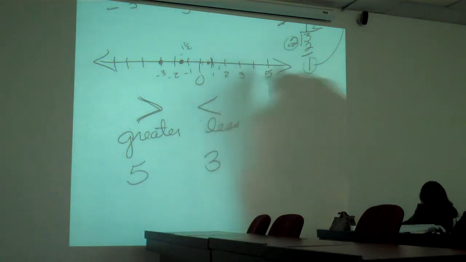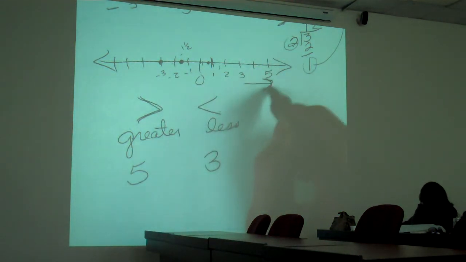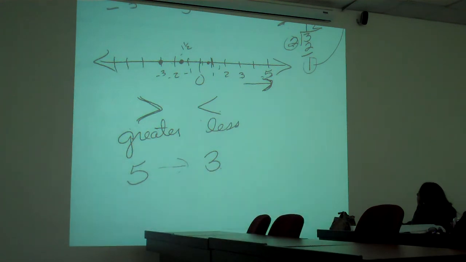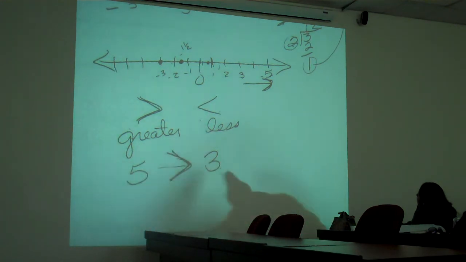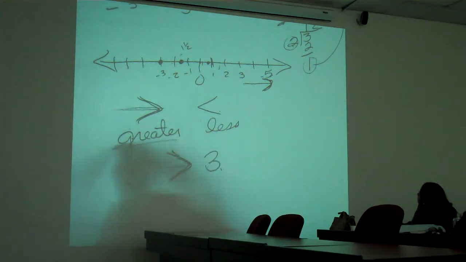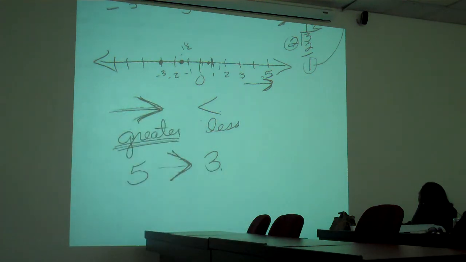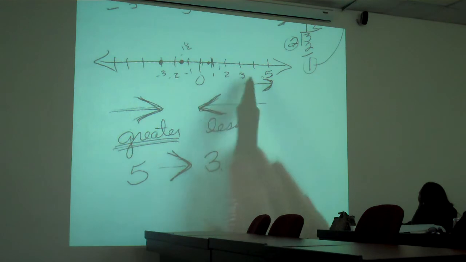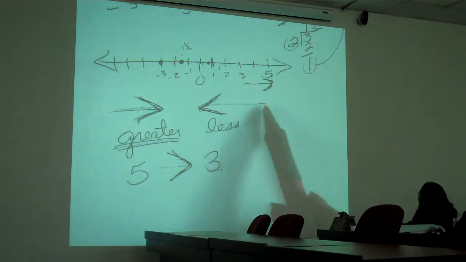The 5 is that direction on the number line from the 3. See how the 5, if you were on the number line, you would go that way from your 3. The 5 is greater than the 3. If you turn this into an arrow, numbers get bigger or greater as you go that way. If you turn this into an arrow, numbers get smaller or less as you go that way.